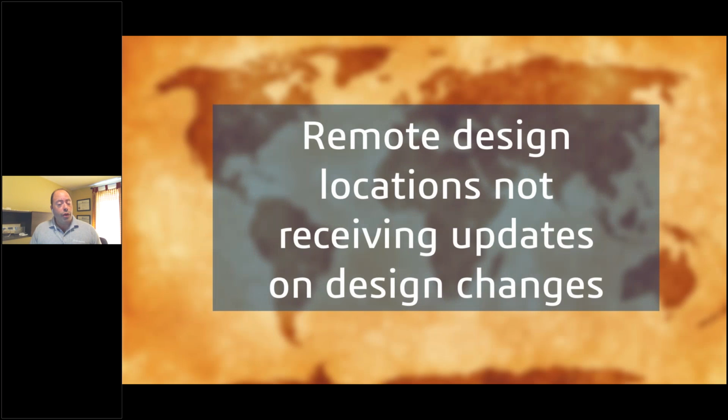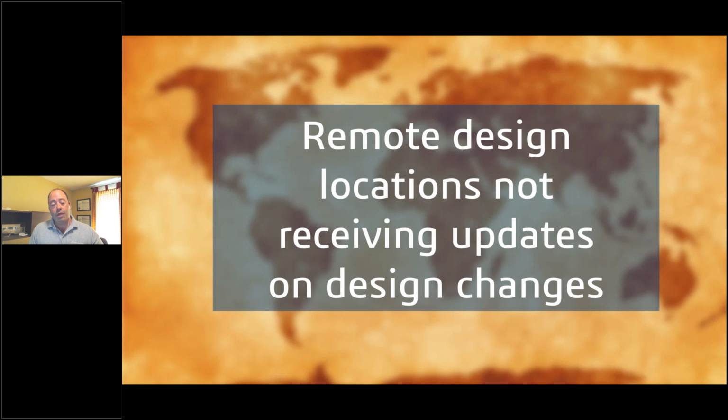One of the things we see quite often is that remote design locations are not receiving updates of the design change. Specifically, if you have offices in different physical locations, but even within the same building, you might have different departments, and you need to send files across those departments.